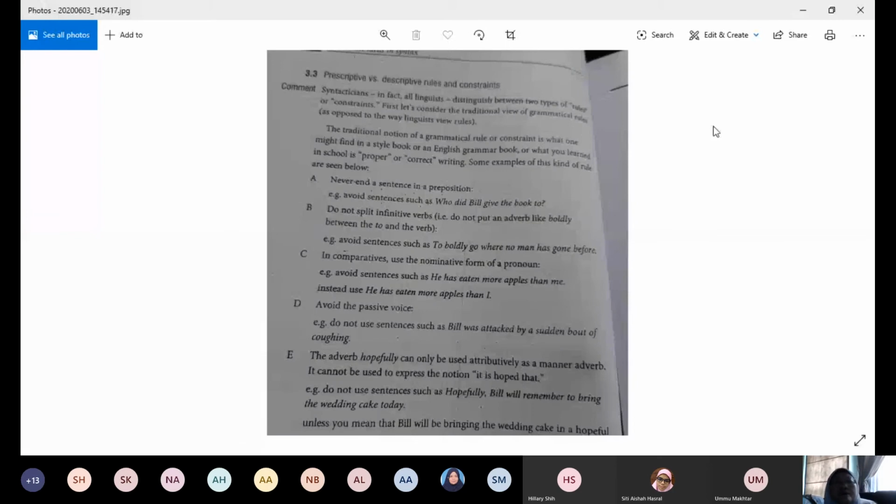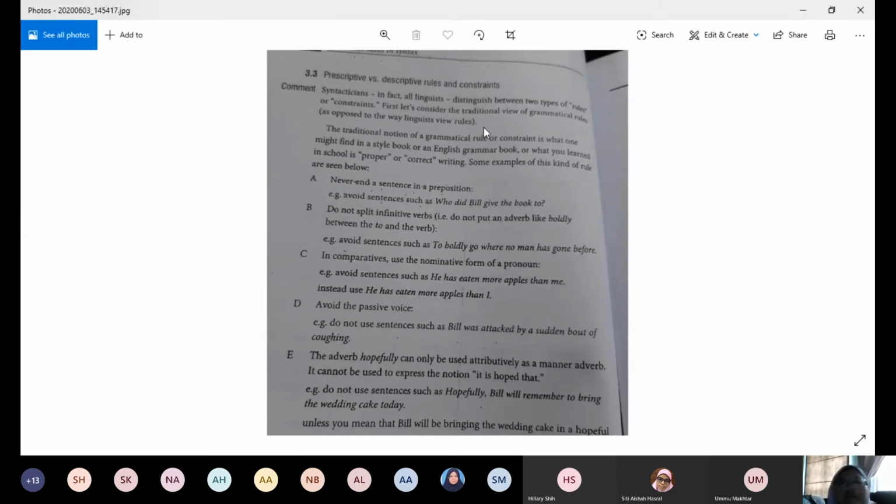Then we talk about prescriptive versus descriptive rules and constraints. Linguists distinguish between two types of rules or constraints. Remember, a rule just now is a hypothesis. It starts with a hypothesis and then it evolves into something more, after more and more data we come across, and then it becomes a rule because it can explain all the data.